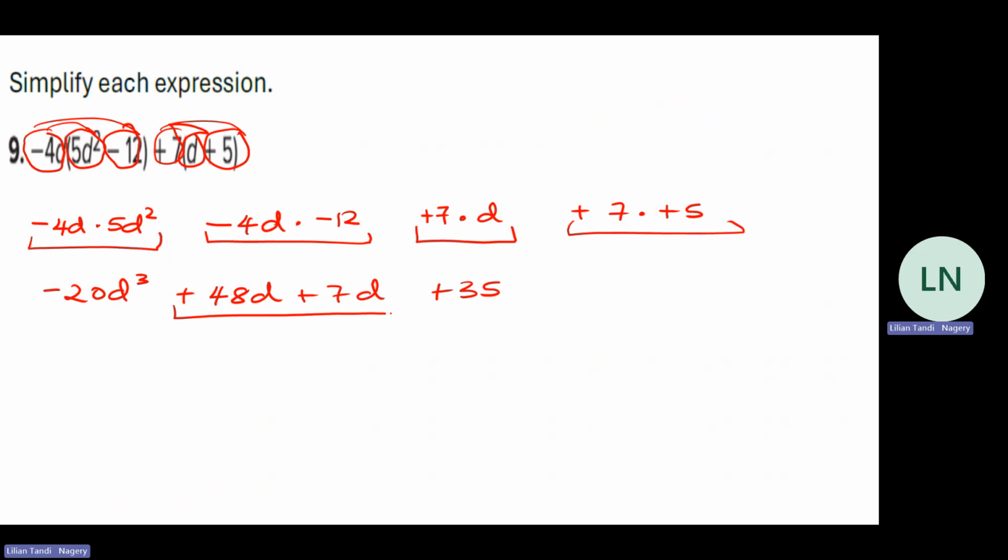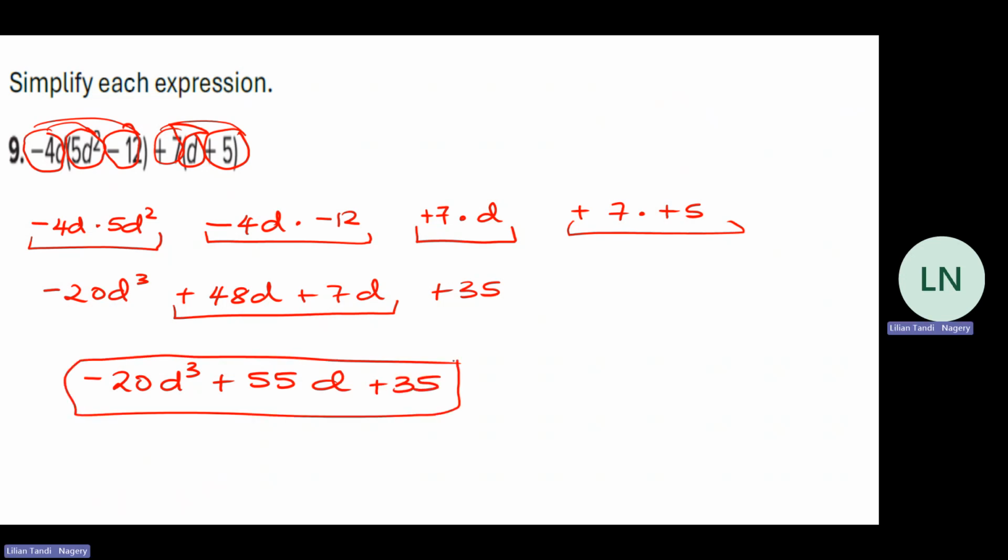And then these are friends. So 48 plus 7 is 55. Okay? So our answer is negative 20D cubed plus 55D plus 35. And you box your answer.